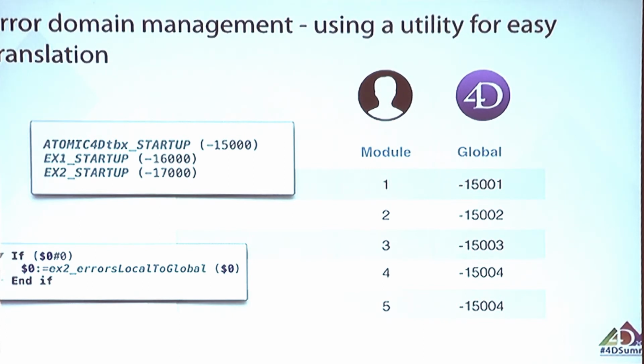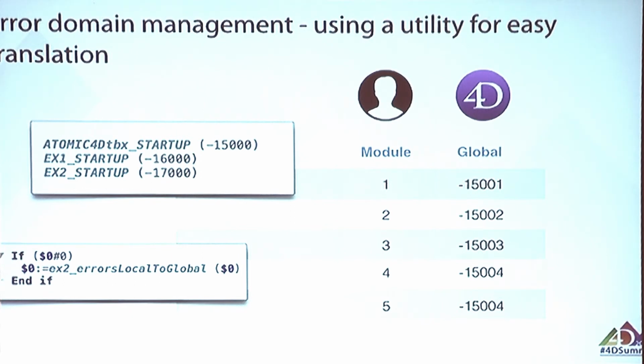Certain things can be disruptive to your flow, and one of them is thinking up error numbers that are compatible with 4D's global error numbering system. So in the toolbox, you'll find a way to make local error numbers for your modules. You can just call your errors 1, 2, 3, 4 without thinking about 4D's error numbering, and then use this local-to-global function to map them to 4D-compatible errors.